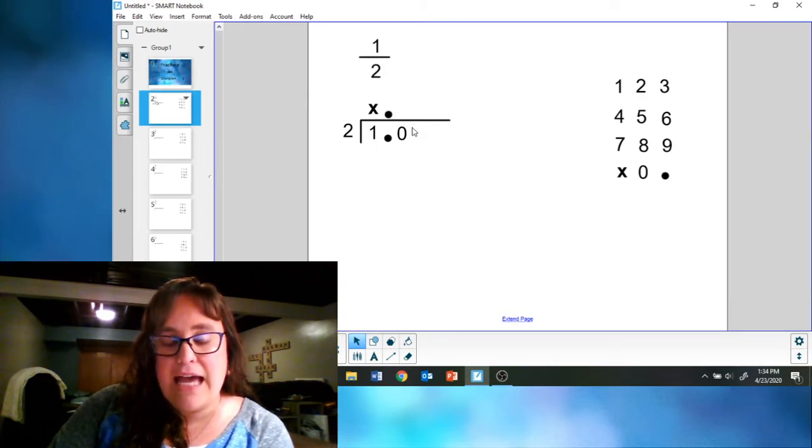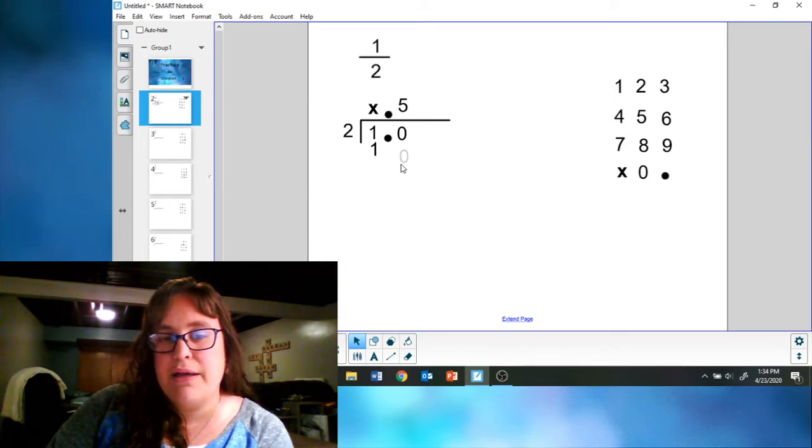If I have 10, can I share it with 2 people? The answer to that is yes. So then follow your 2's across in your multiplication chart, or your skip counting by 2's. 2, 4, 6, 8, 10. It can go in 5 times. Divide, multiply. I used 5 2 times. 5 times 2 is 10.